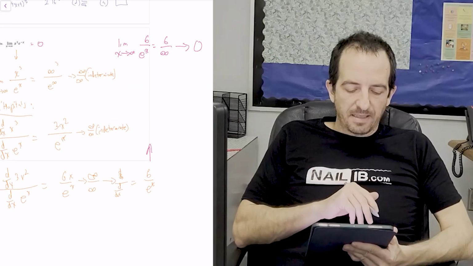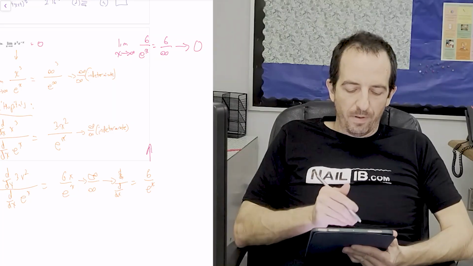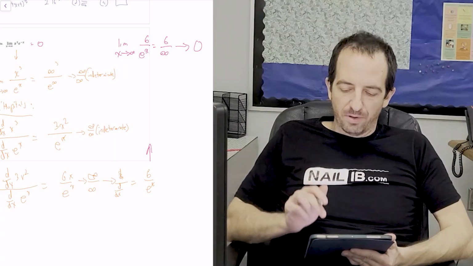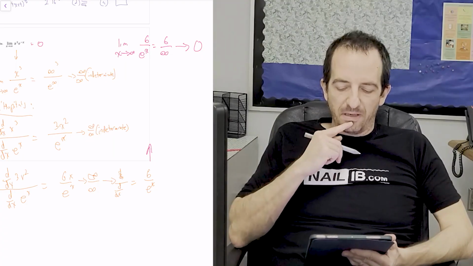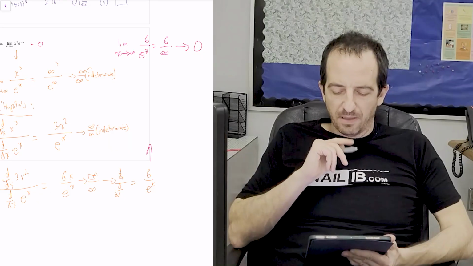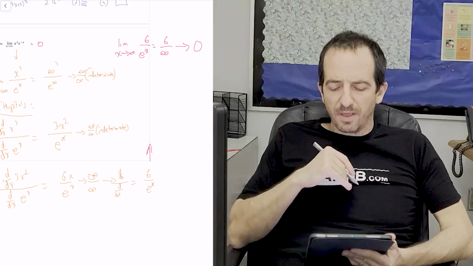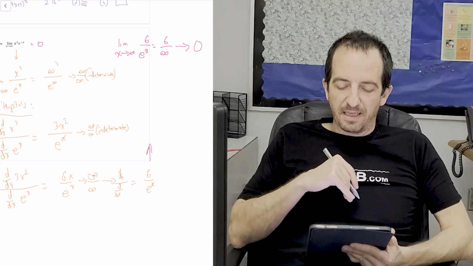So as x approaches infinity of x cubed times e to the negative x, we rewrote that in fraction form. That allowed us to use L'Hopital's rule, and allowed us to get to the point, after multiple uses of L'Hopital's rule, twice or 3 times, where we had 6 over e to the x, and then when we plug in infinity, we see that the limit is approaching the value of 0.